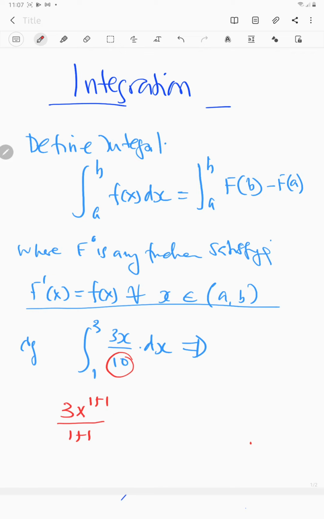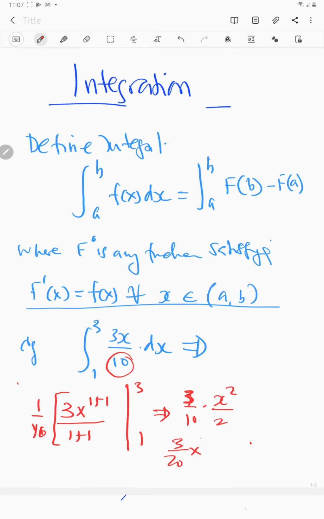Because this is a 10, it becomes 1 over 10 outside the bracket, and 3 over 10 multiplied by x to the power 2 over 2 at the bottom. So it can now be 3 over 20 x to the power 2.